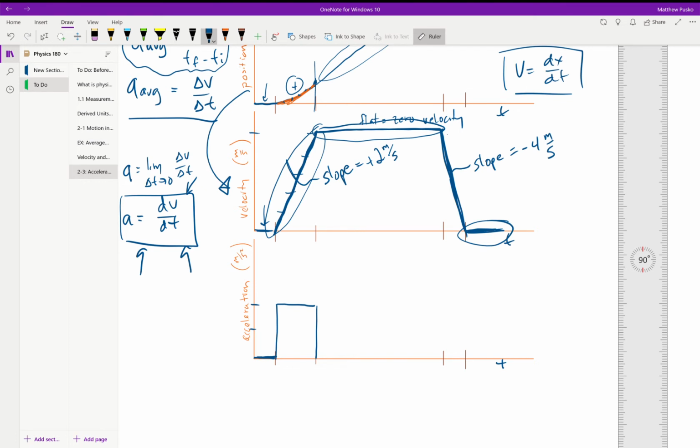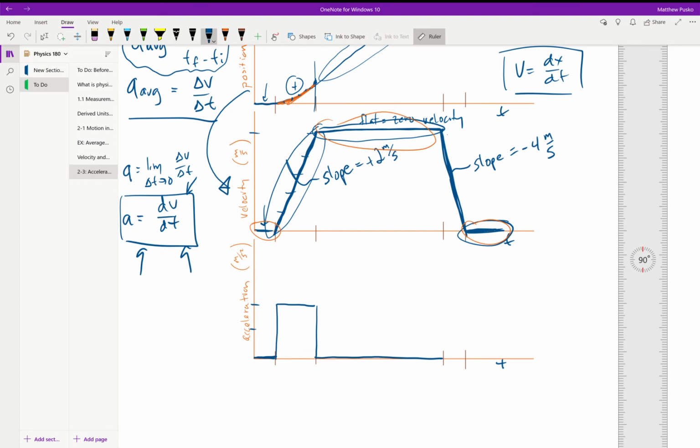When you see something flat or with a 0 slope, that's going to indicate that there is no acceleration. So we have one of those sections down here, and another one up here, and another one here. That means during this interval, there's no acceleration.